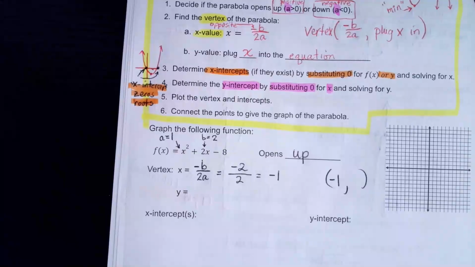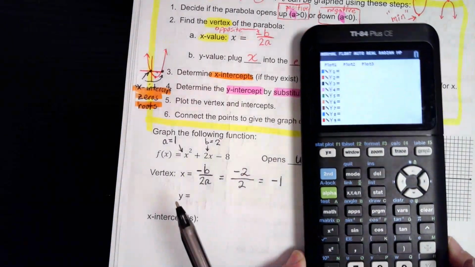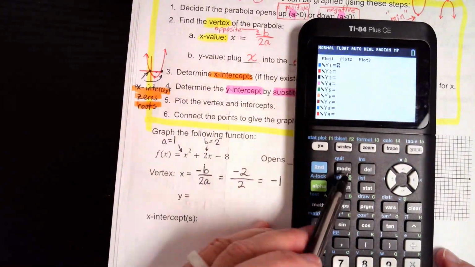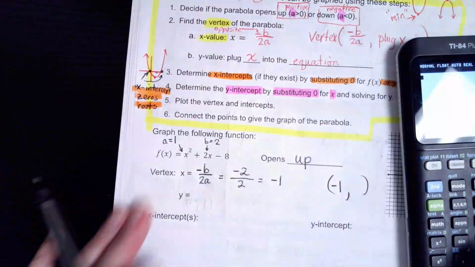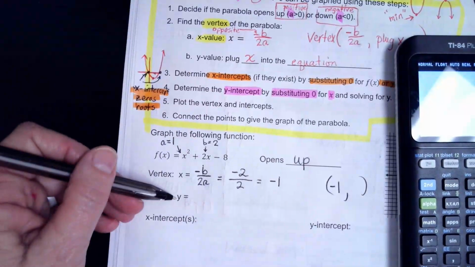Now, for this next part, you may most definitely use your calculator, but you're not putting it into y equals. You are just going to be on the home screen. How do you get out of y equals and back to home? Second mode, because right above mode is quit. That always takes you back home. Okay? So, right here, I say y equals.